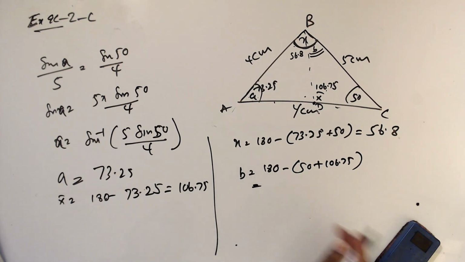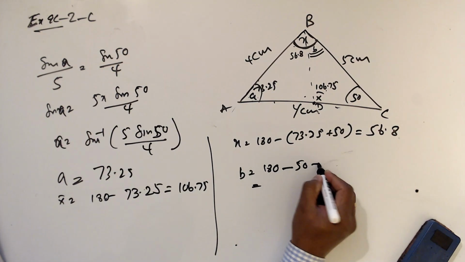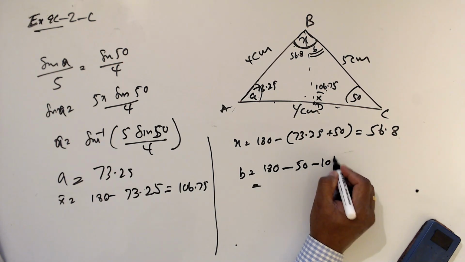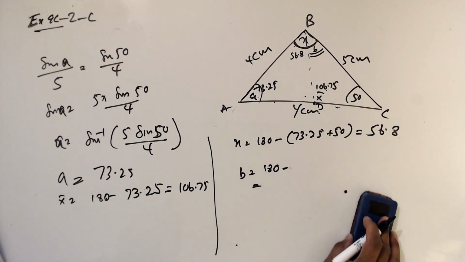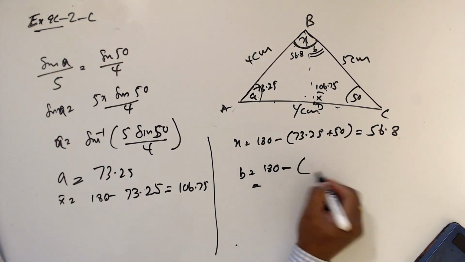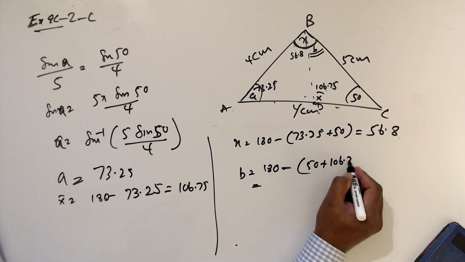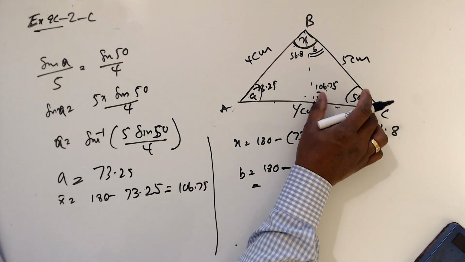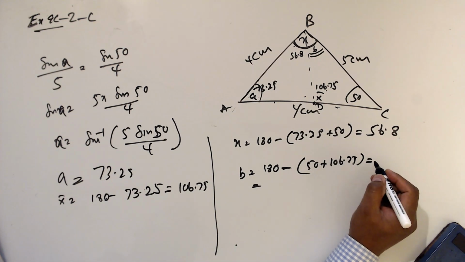So you can write it like this, 180 minus 50 minus 106.75. But usually we write it the mathematical way. So 50 plus 106.75, you add those two together and subtract from 180, both are right, there is no error.